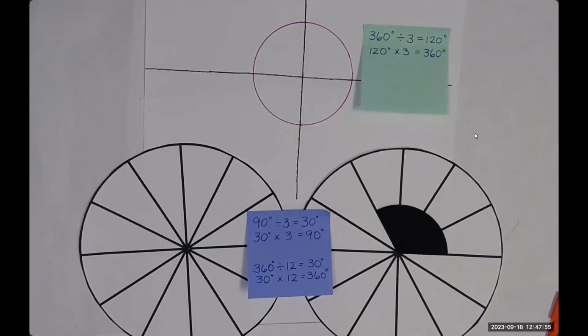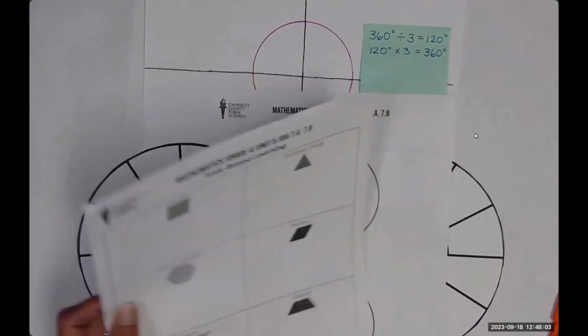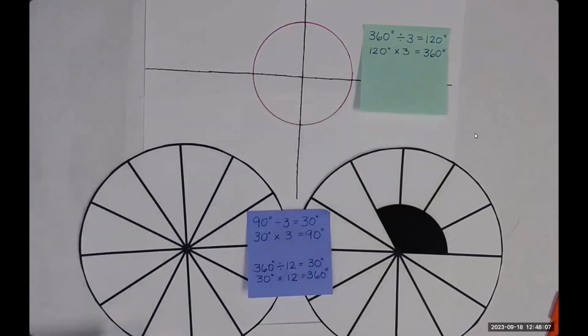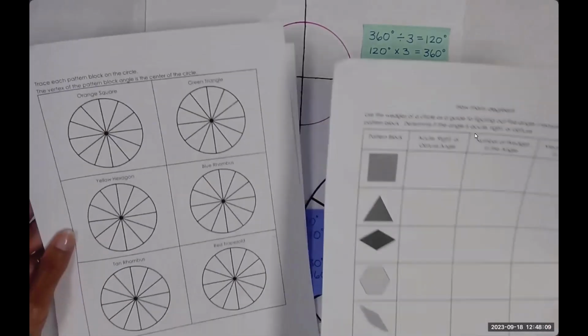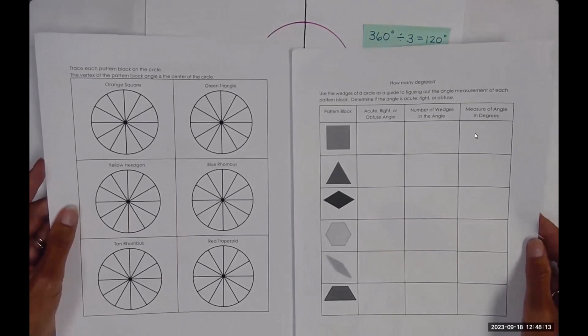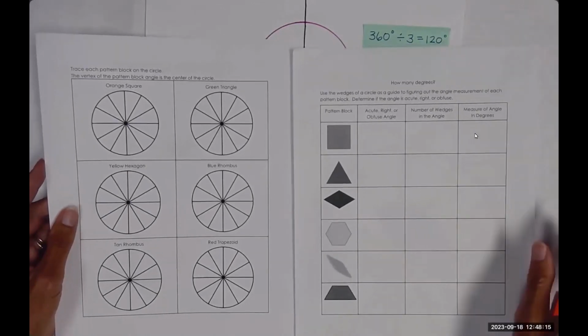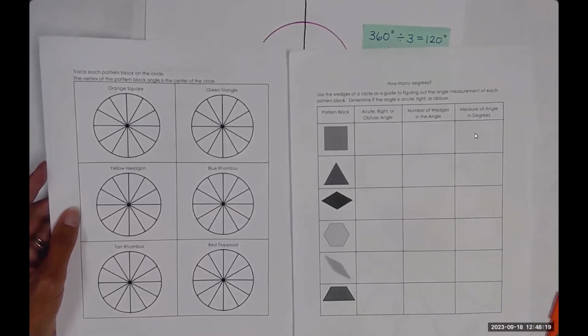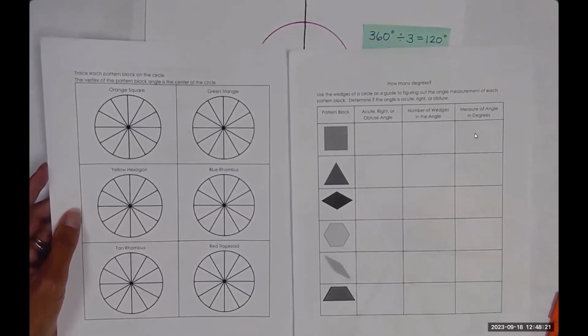All right, so another task that students can engage in is similar to the task with just the circle and the pattern blocks. Students can, just like we did here, figure out the measure of each wedge, and then they can tell, is that angle acute, obtuse, or right?